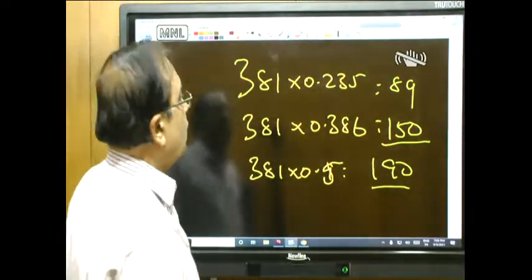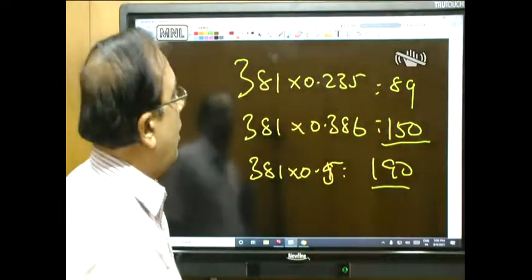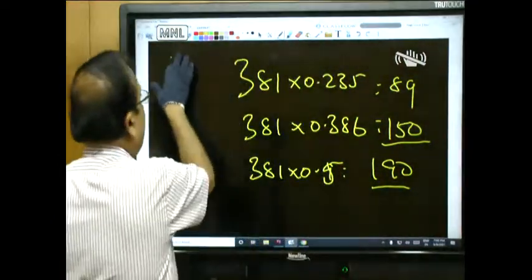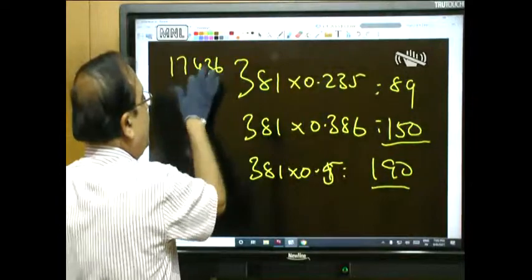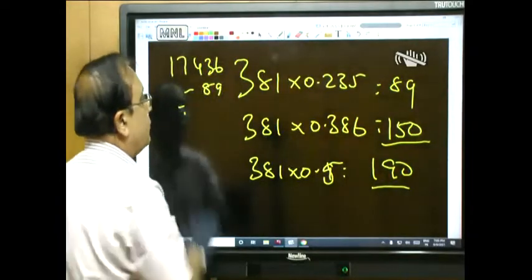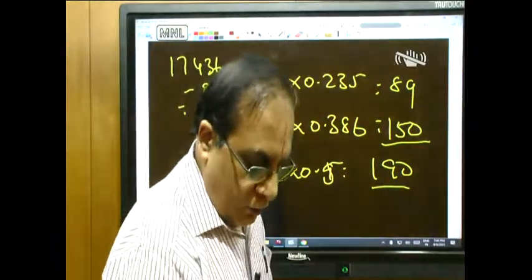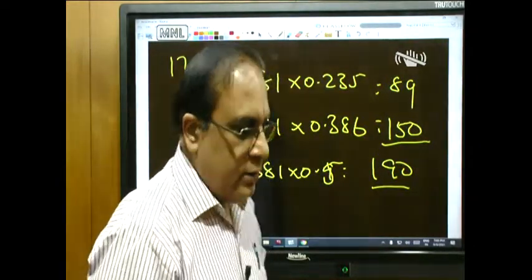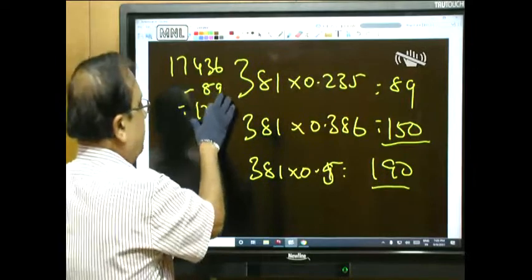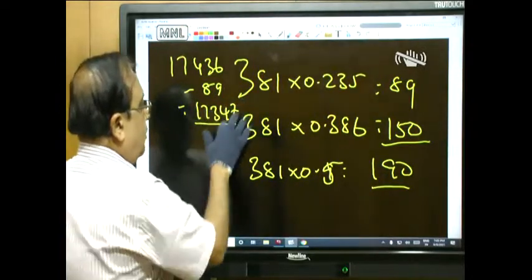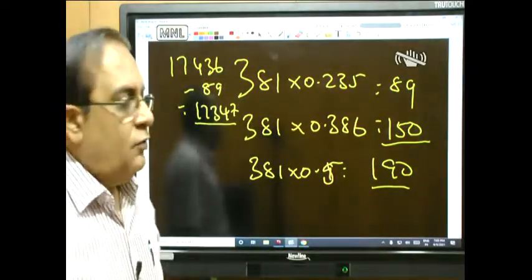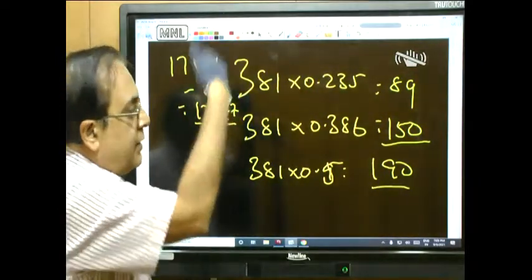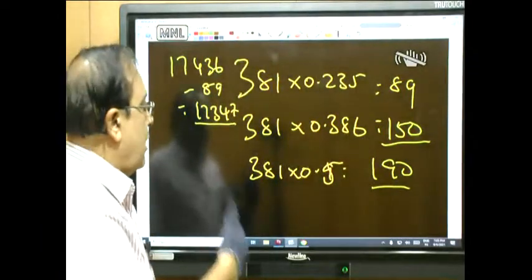Let's use 17,436 that we have got and make these projections. 17,436 minus 89 comes to 17,347. 17,347 is the first support level. Once it starts to break, then probably it can come down a little bit.